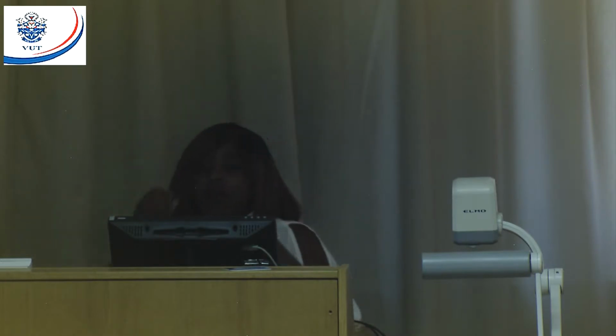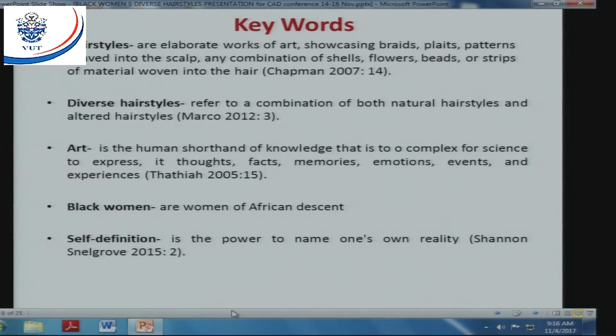The units of analysis in this study are hairstyles. Hairstyles are elaborate works of art showcasing braids, plaits, patterns that are shaved into the scalp, and also materials that are woven into the hair. Diverse hairstyle in this study refers to a combination of both natural hairstyles and altered hairstyles.